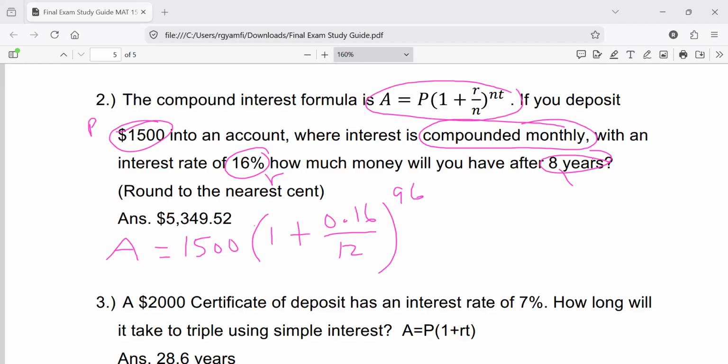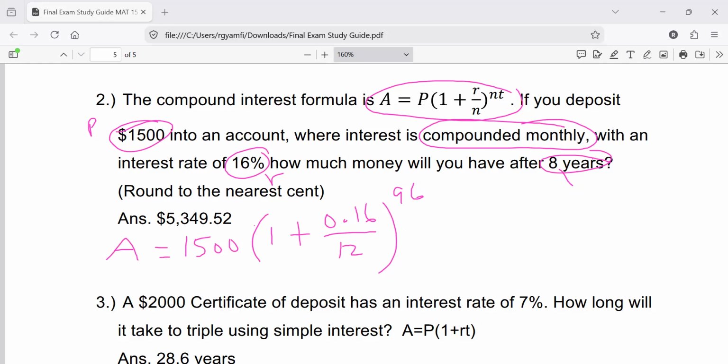I'm doing it on my calculator now, but I don't want to switch the screen, if not, I've got to do everything again. So divided by 12 will give you 0.013333333. You don't want to round, so keep it. And then just do plus 1, and that gives me 1.0133333333. You don't want to round again.